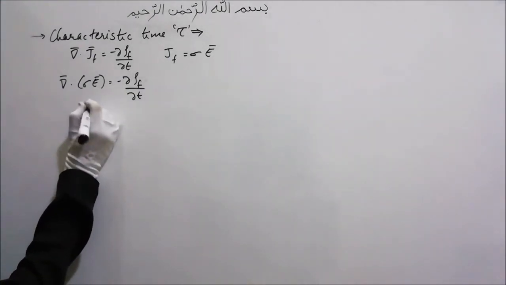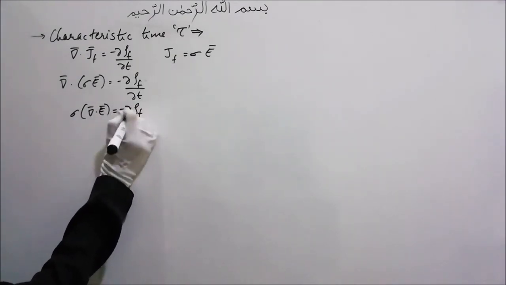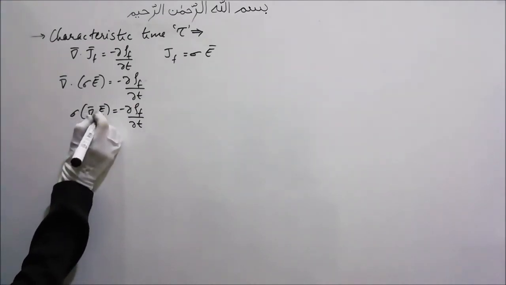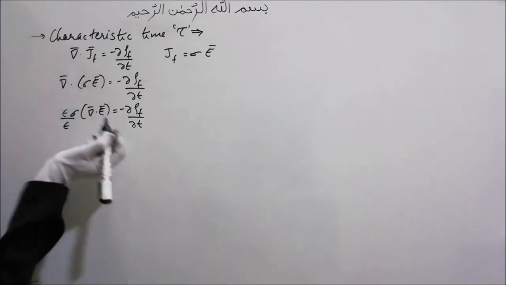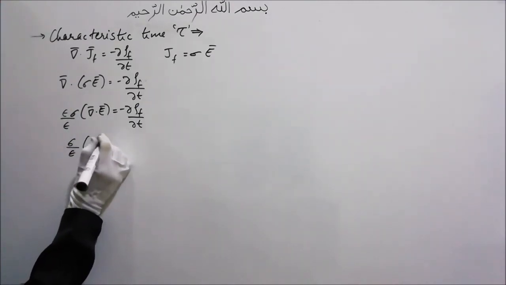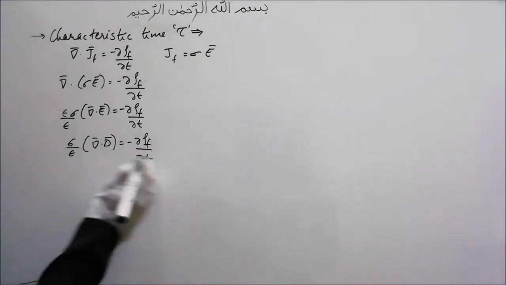That is sigma del dot E is equal to minus del rho free upon del t. We can multiply by epsilon and divide by epsilon. So epsilon into E is D. So you'll have sigma upon epsilon del dot D is equal to minus del rho free upon del t.